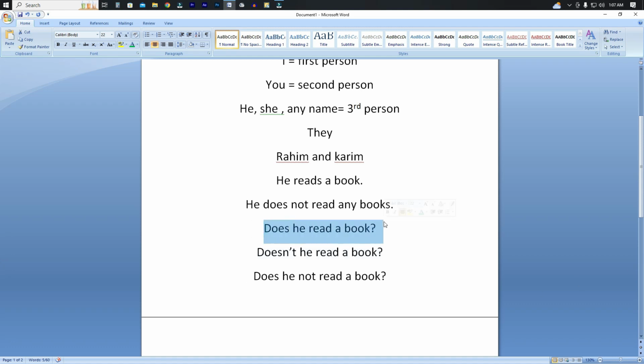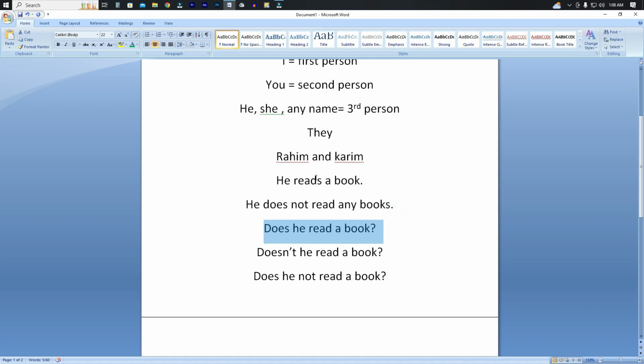If the answer is negative, then he will reply no. And if the answer is positive, then he will reply with a yes. So, "Does he read a book?" "Yes, he reads a book." And "Does he read a book?" "No, he doesn't read any book."